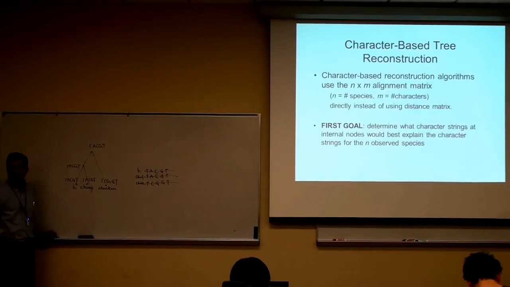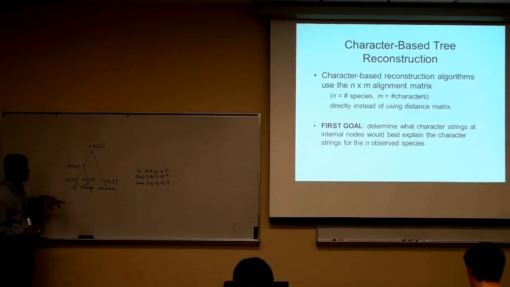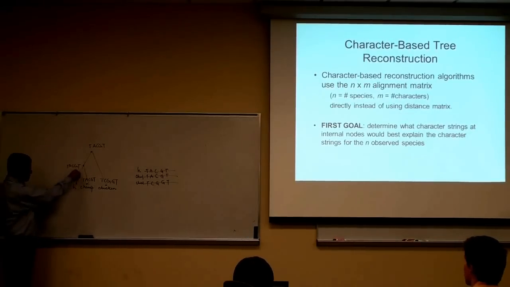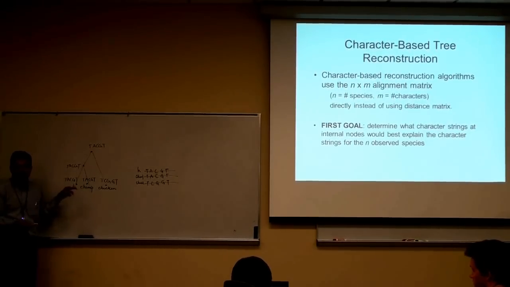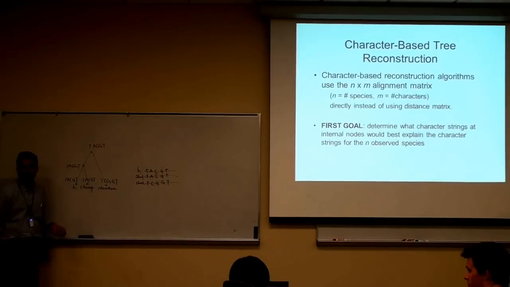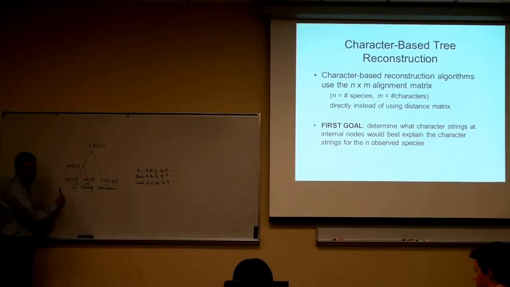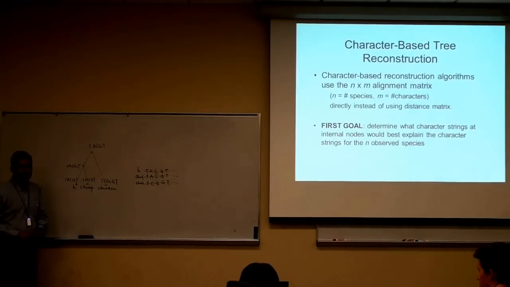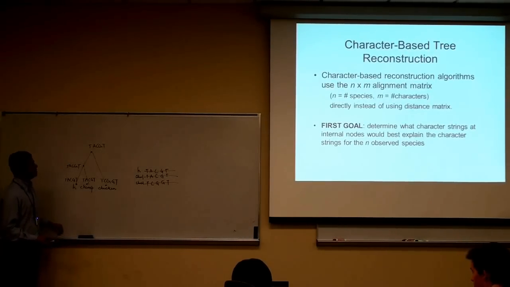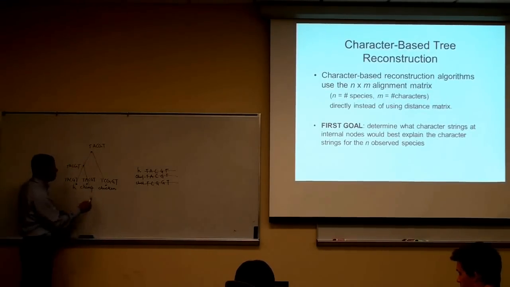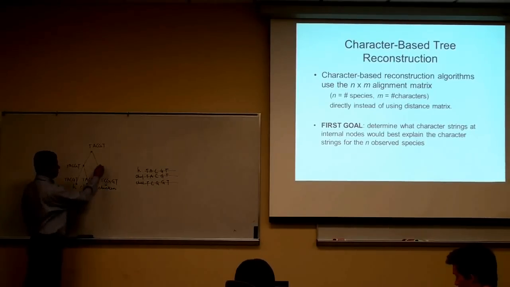with time. For example, you're trying to guess that this common ancestor was TACGT, and that sort of makes sense because these two are identical. Why would it be something different and both of them change in the same way? Why that, rather than not have any change? And you're trying to guess that this was also TACGT, so that there's no mutations here, and there's a couple of mutations here.